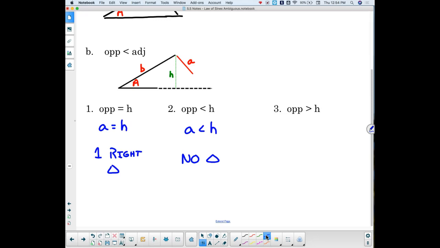Where it gets cray-cray is when A is bigger than H. If A is bigger than H, I get a triangle there, and I get a triangle there.